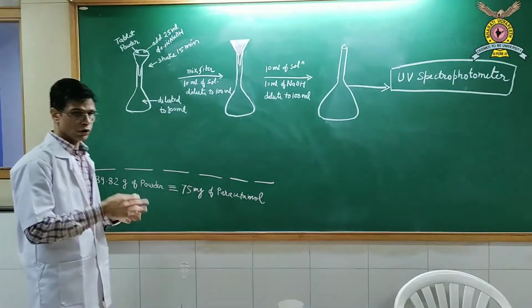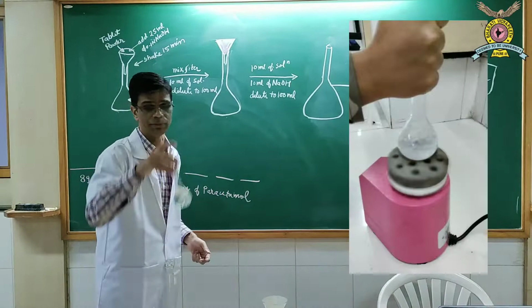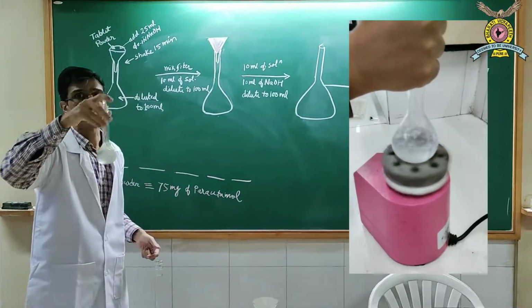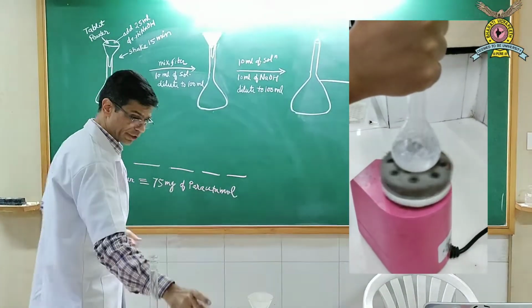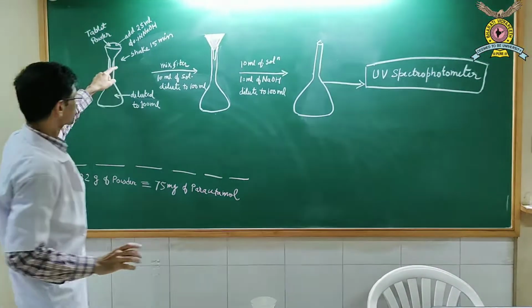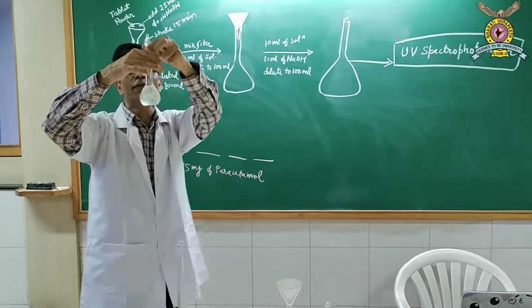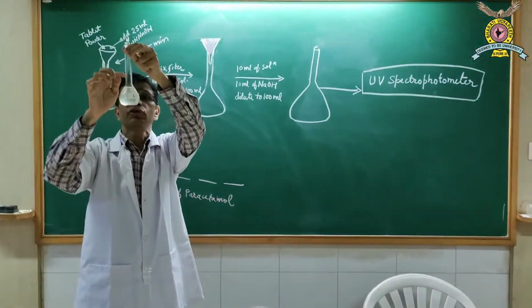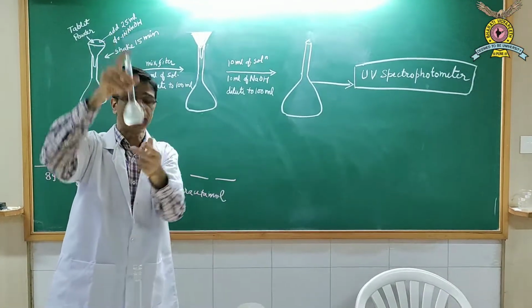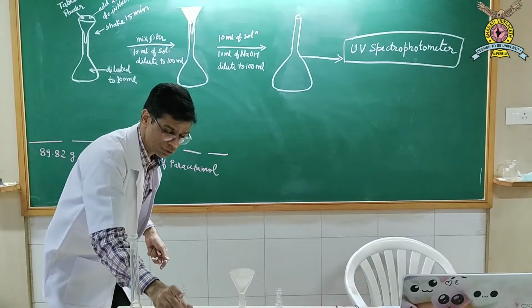After that, we have to shake it for 15 minutes. After the shaking, this should be diluted up to 100 ml. Suppose this is the volumetric flask, and this is the mark. So this is the first solution.